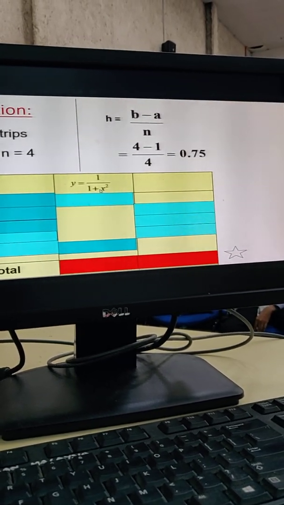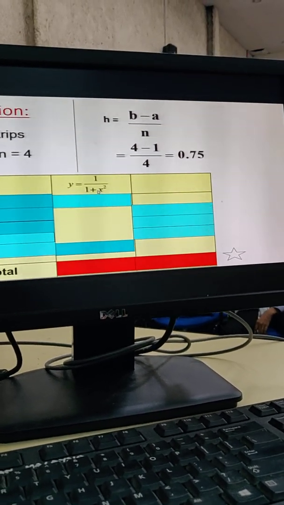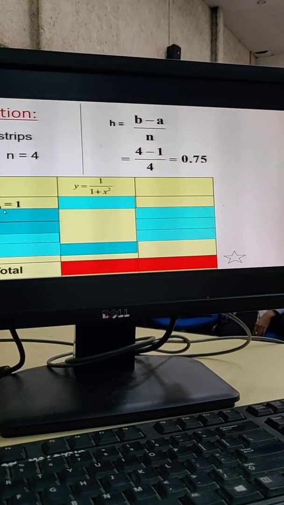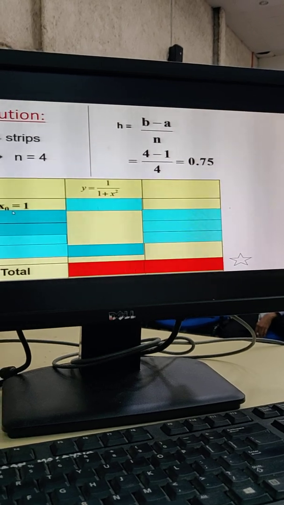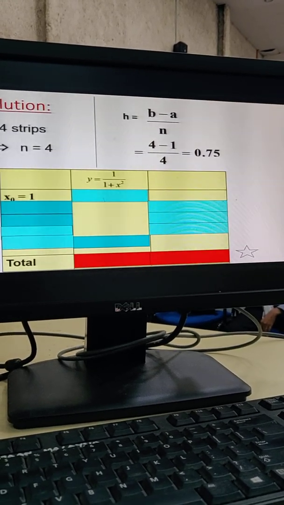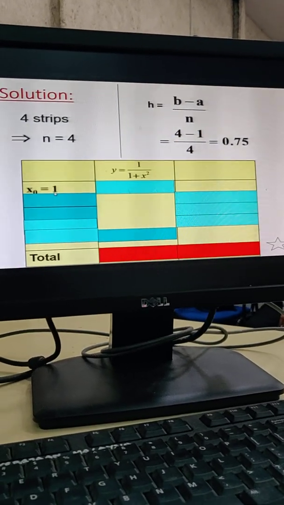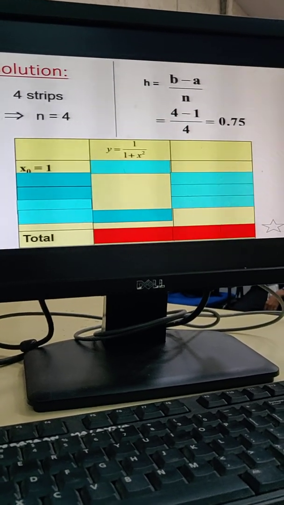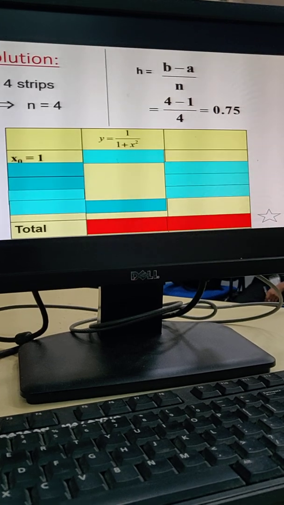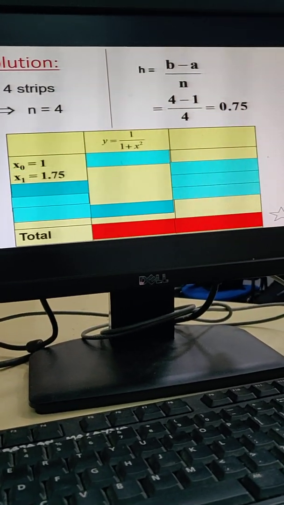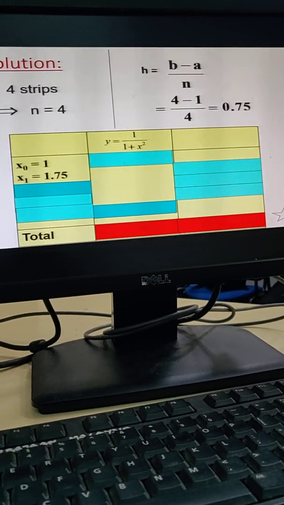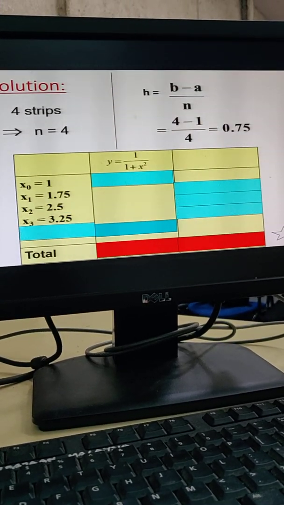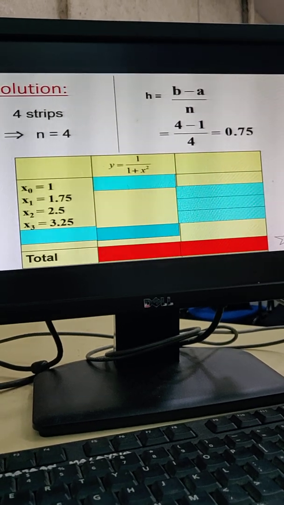This is the formula of the function, and we start with x naught. X naught will be the first button here. Our first coordinate just now was 1, right? And then 1 plus 3 over 4, 1.75 or 1 and 3 over 4. Plus 3 over 4 again, 2.5. Plus 3 over 4 again, 3.25. Plus 3 over 4 again, we got 4.